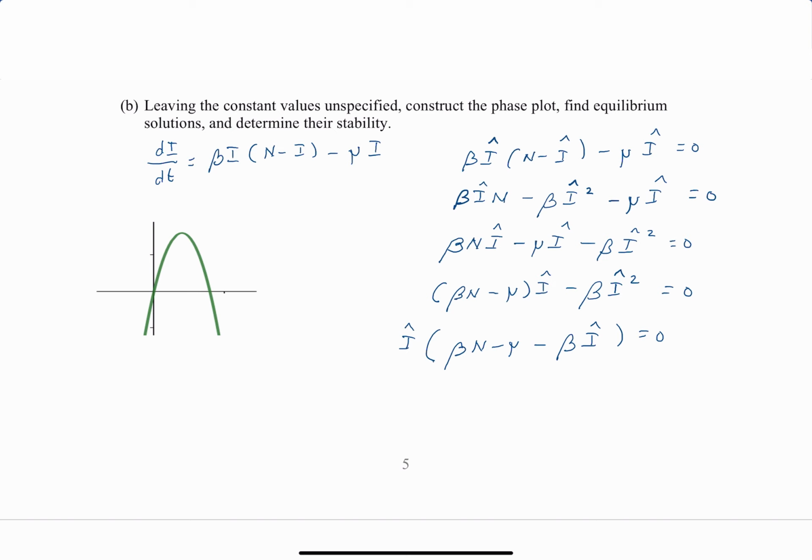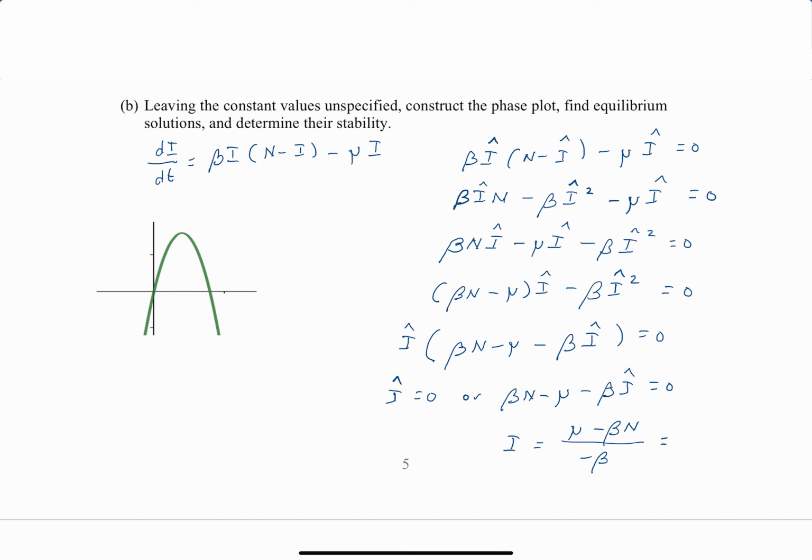So either I hat equals 0 or beta n minus mu minus beta I hat equals 0. And if we solve that for I hat, let's see, I'll add a mu to both sides, I'll subtract a beta n from both sides, and I'll divide out the minus beta that's on the I hat.